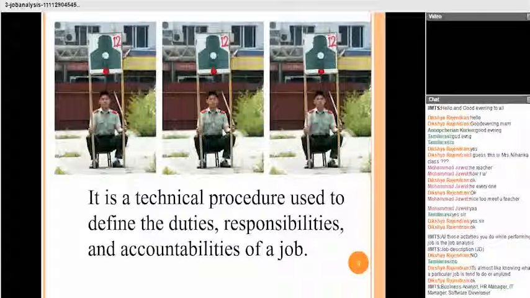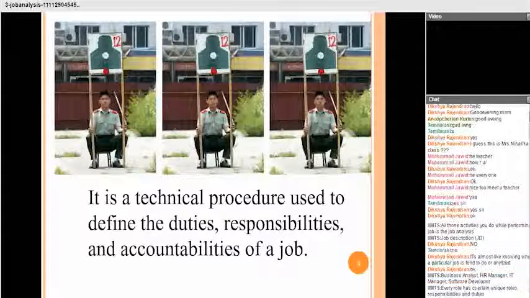There are a lot of roles available, and every role has certain unique roles, responsibilities and duties.